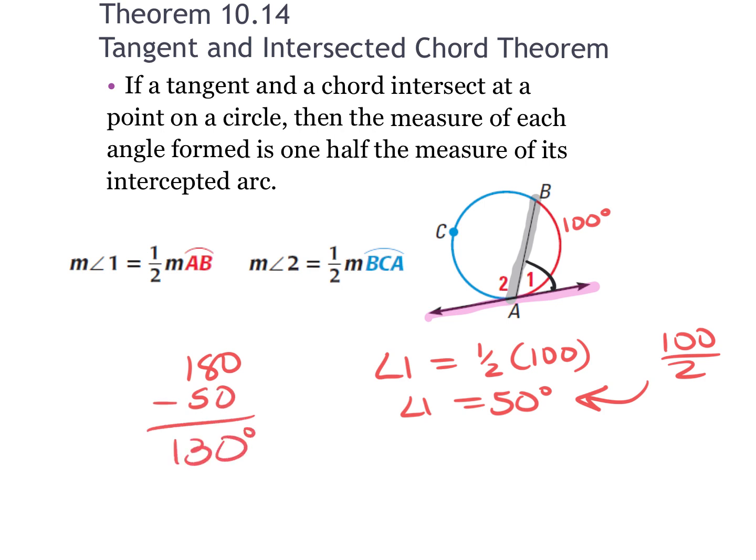However, if they had given us the measure of arc ABC or ACB, then this arc would actually be 260, because remember the whole circle is 360. So then to find the measure of angle 2, we could do 260 times 1/2, and we get 130 that way as well. Same way that I just did, indicating that they were supplements.